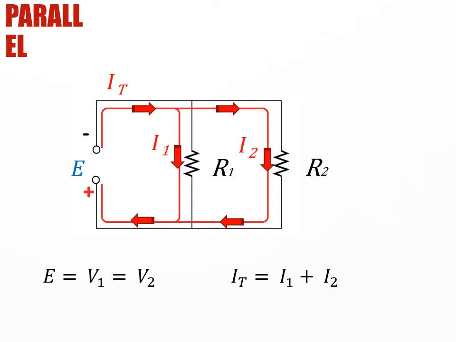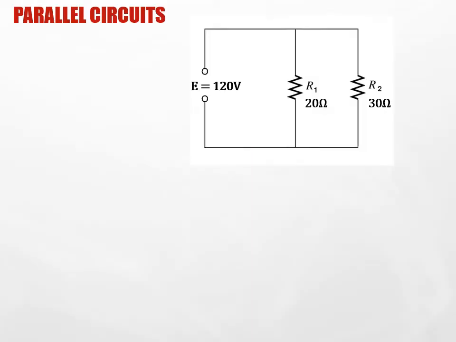So the total current, IT, is the sum of I1, the current through resistor 1, and I2, the current through resistor 2. IT equals I1 plus I2. How much current flows in each resistor totally depends on the voltage as well as the individual resistances, according to Ohm's law.